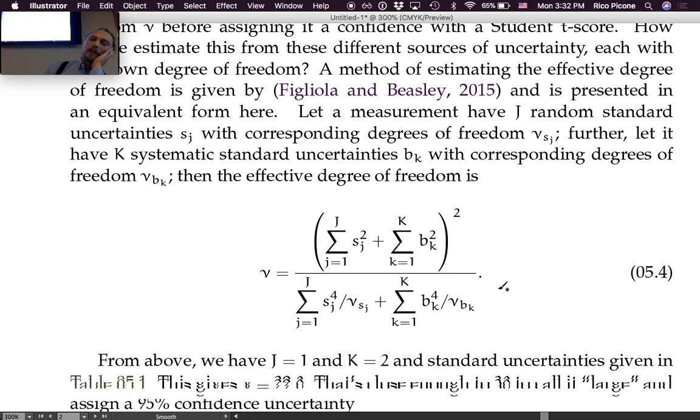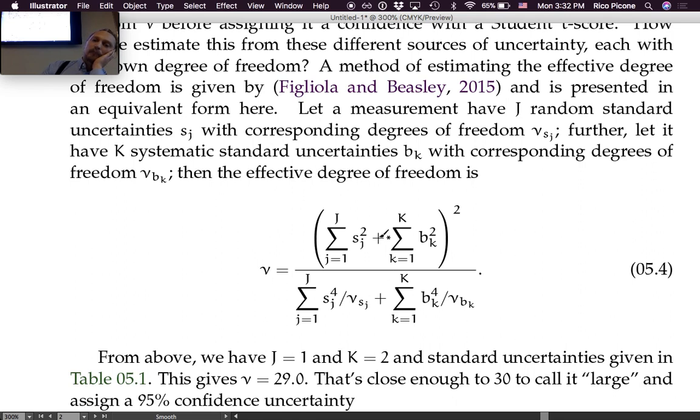Then the effective degrees of freedom is, according to this estimate, this expression. The book has it a little bit different. It doesn't break out the index into two different ones, the systematic versus the random. It has one index, and it seems to imply that every single measurement has a known systematic and random uncertainty associated with it. I think that's really misleading, and it confuses people and makes it so they can't use this formula.